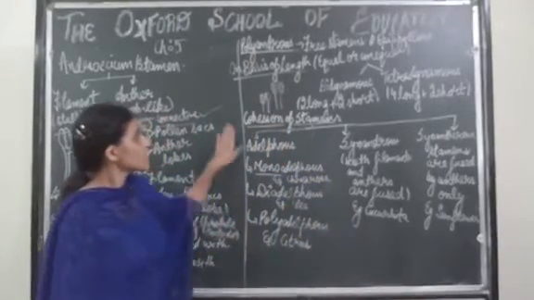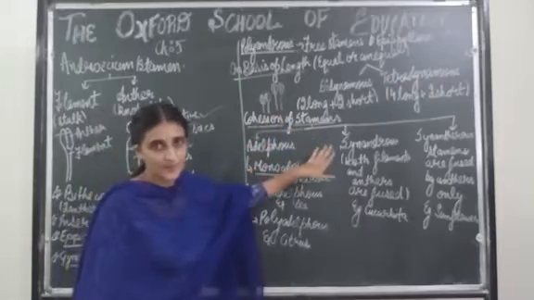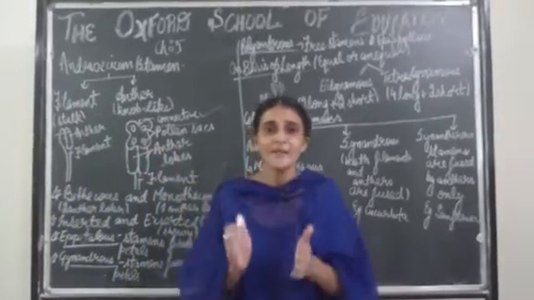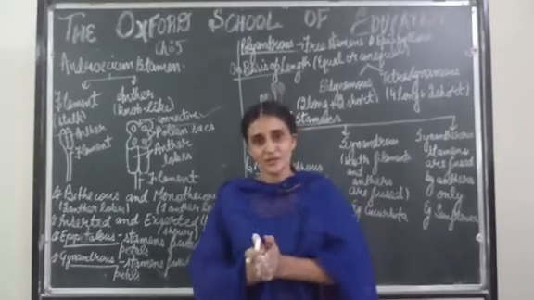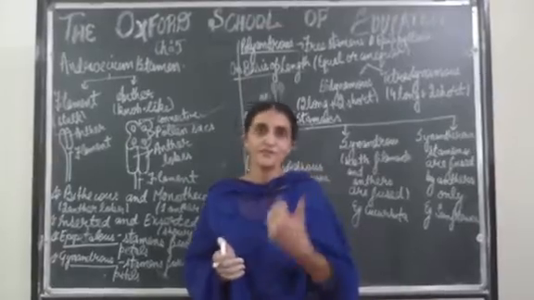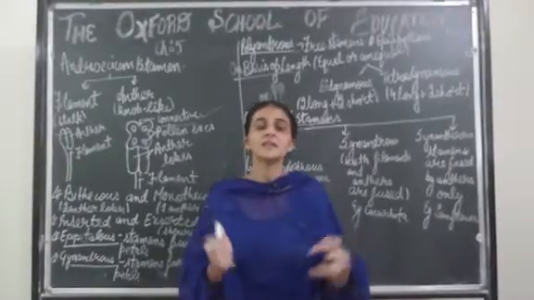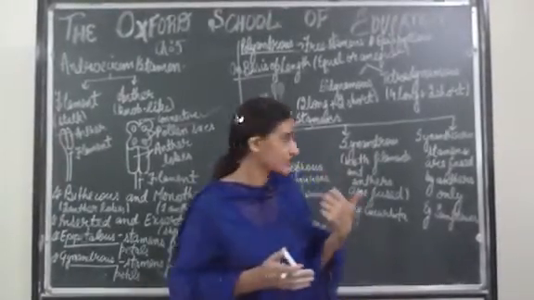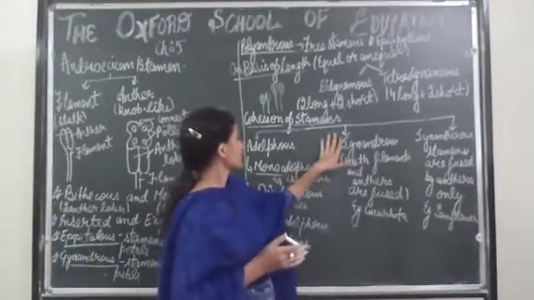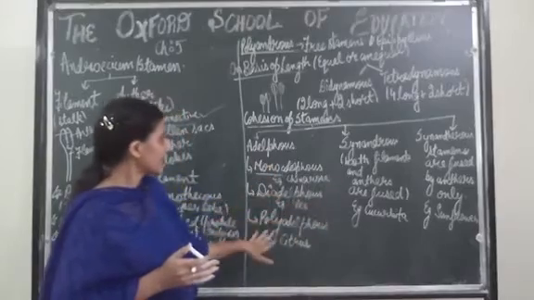Next topic is cohesion of stamens. Cohesion, as I have told you earlier, is when stamens are fused with each other, whether their anthers are fused, or their filaments are fused, or both anthers and filaments are fused with each other. So let's take a look. In cohesion of stamens, I have drawn three categories.